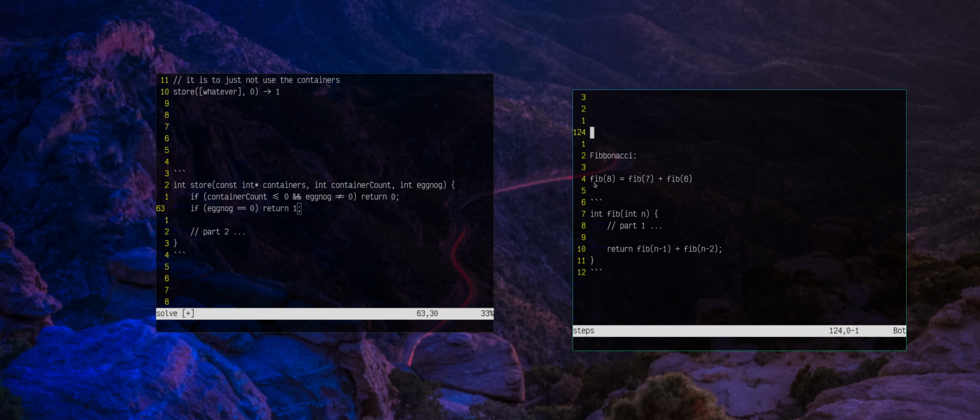The Fibonacci example is pretty similar. We might not know what Fibonacci of 8 is, the 8th Fibonacci number, but we can use the 7th and 6th Fibonacci numbers to figure out the 8th one. It's just adding those two together, and that tells us what the 8th one is, right?